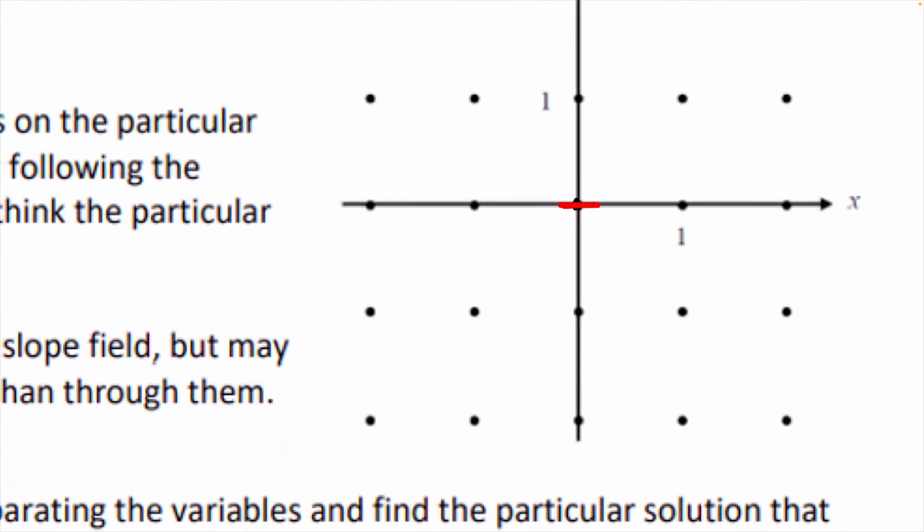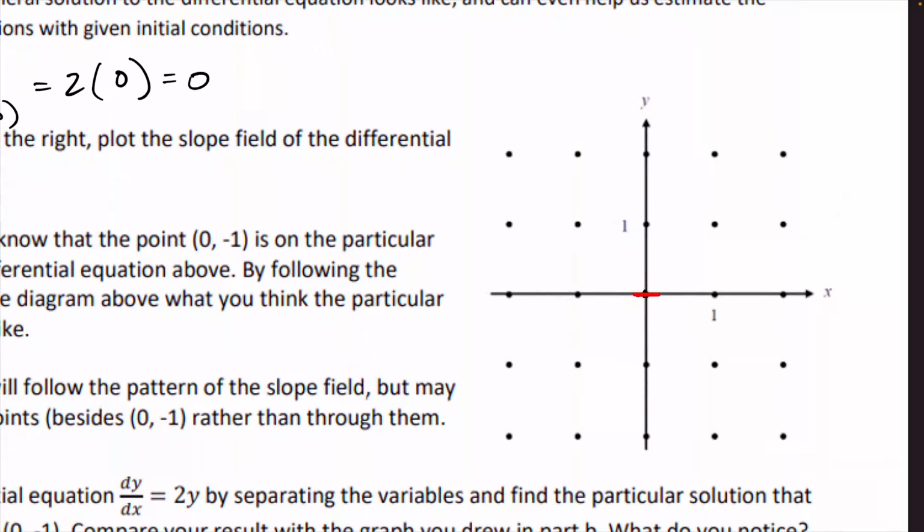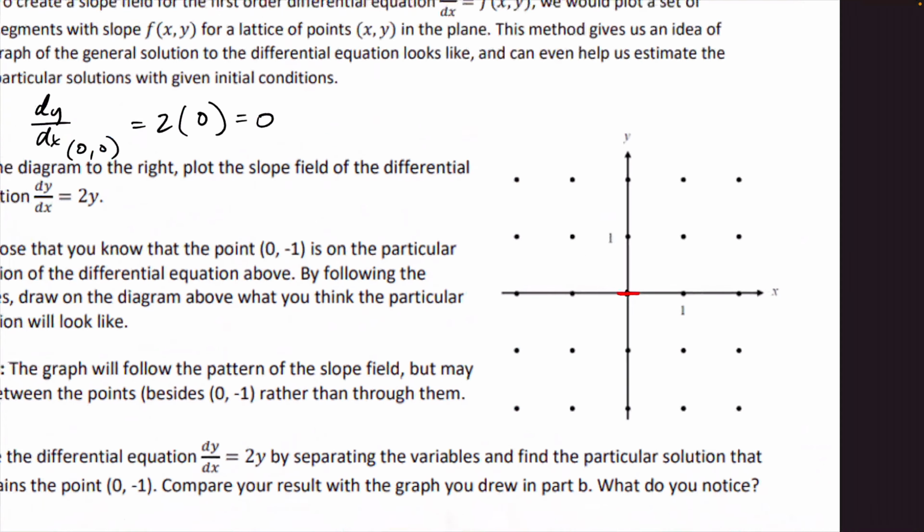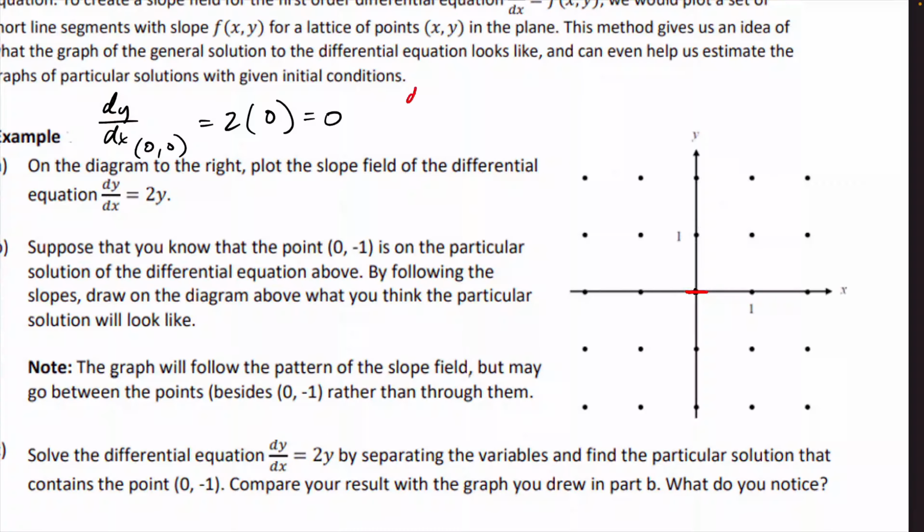Okay. Let's go up one. Let's go here, 0, 1. So we say dy over dx, the same function. So for 0, 1, what would we plug in for y at 0, 1? 1.